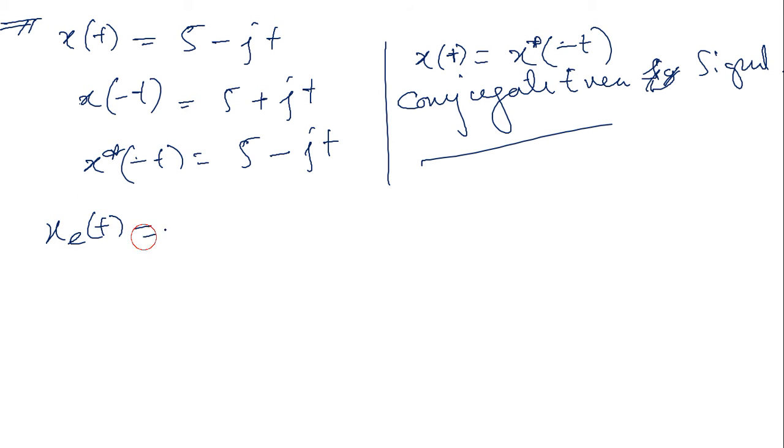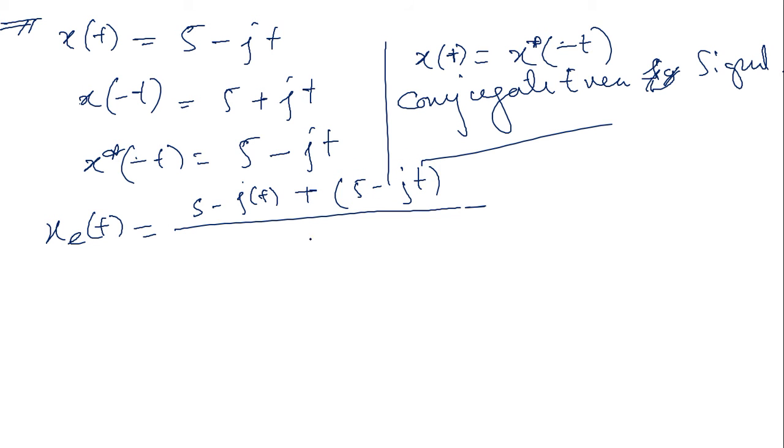x of t is equal to 5 minus jt, so the even part is (5 minus jt plus 5 minus jt) by 2, which equals 5 minus jt. Here j is a complex variable.